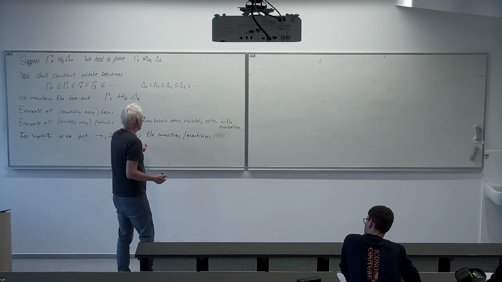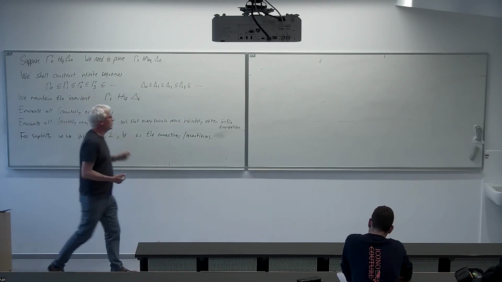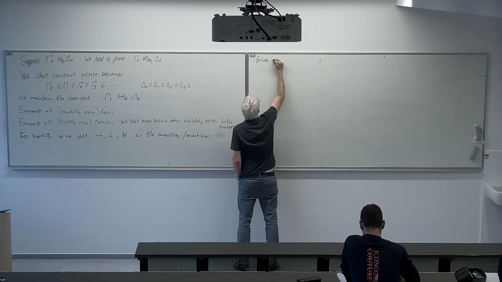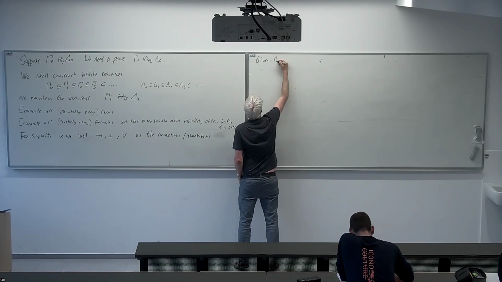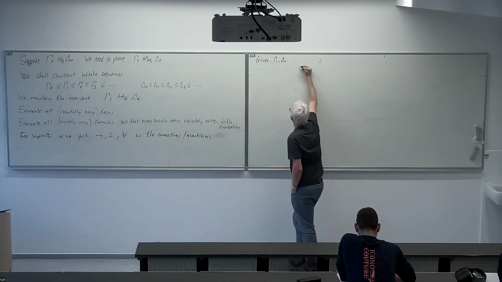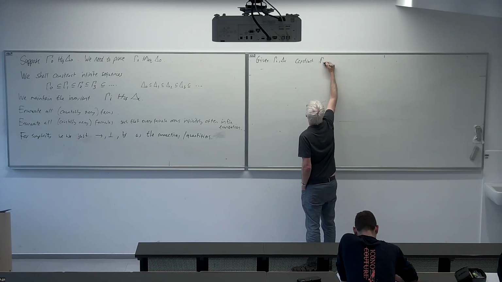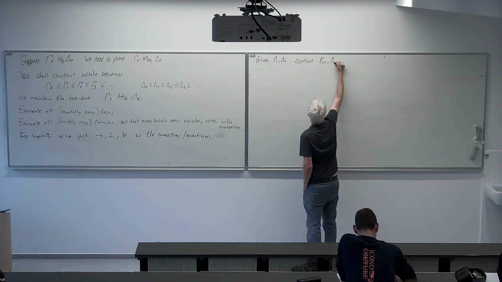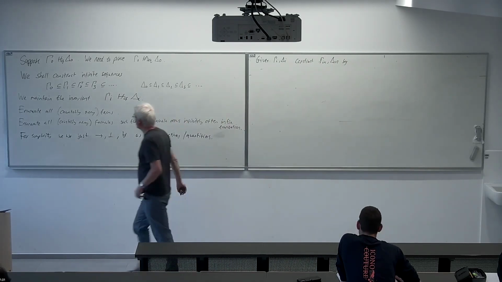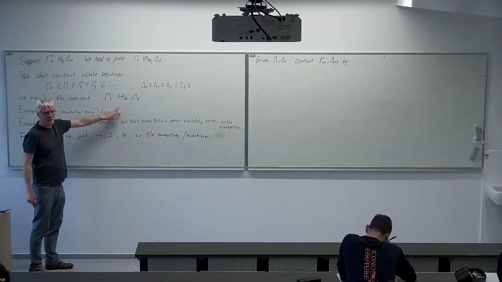Right. So now we want to construct these sequences here. So suppose we've got, given gamma i and delta i, and delta i plus 1, and we consider the case of the ith formula in the enumeration.